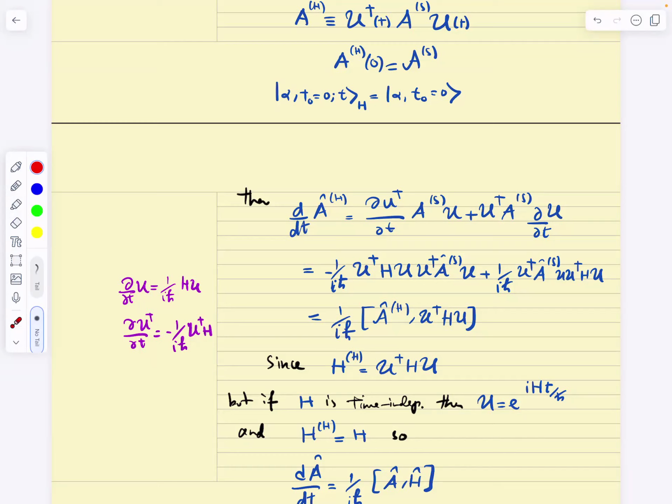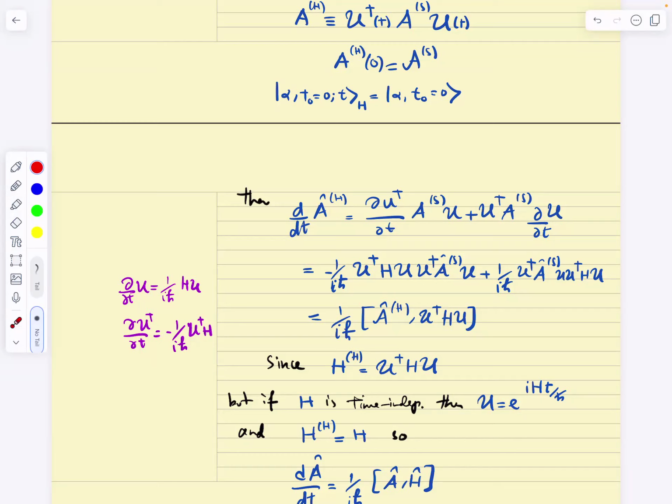So what is this? This is just H of S. Why? Because this is a function of H, and any of its functions always commute. So when your Hamiltonian is time independent, there is no need to evolve the Hamiltonian with time because it's independent of time.